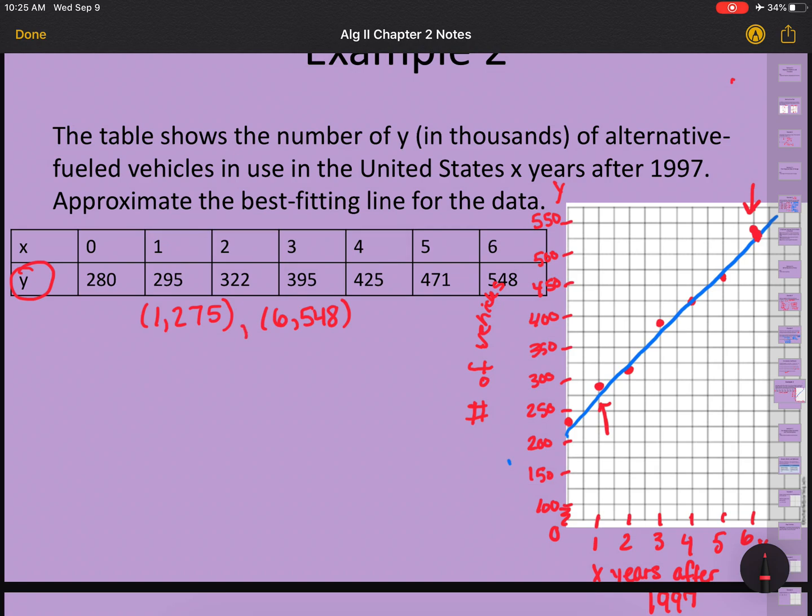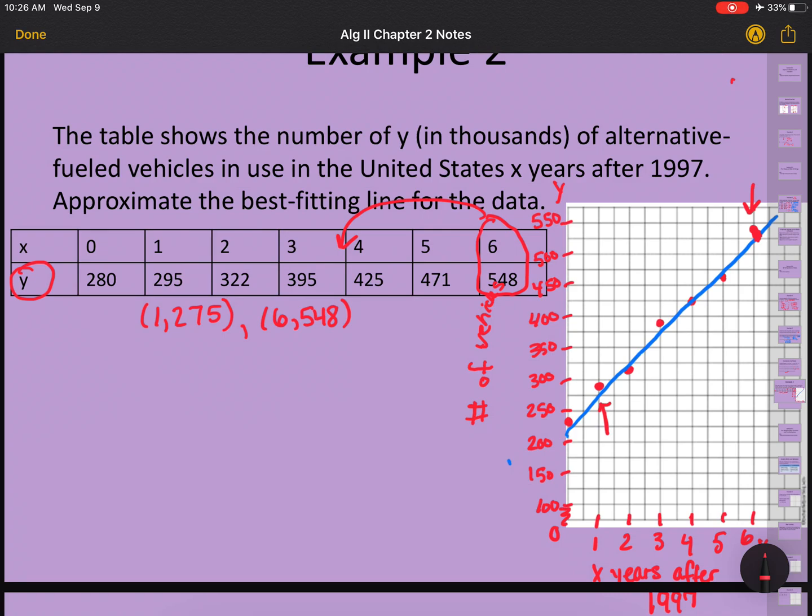Okay, so here are 2 points. Notice that they are not necessarily the points that were in my table, or maybe they could be. See how I used 6 and 548, that's one of my table points. So you could use one of the table points, or you could use one that looks exactly like it's on your line.